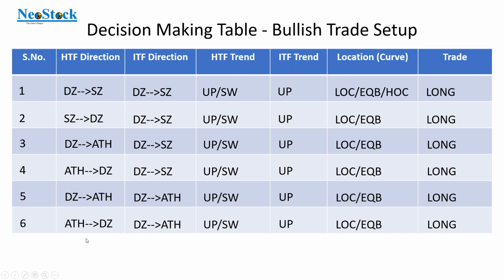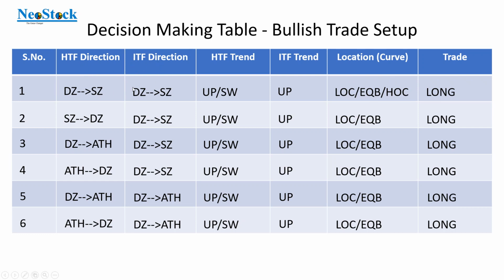Sometimes we plan against the HTF price direction in some scenarios. And also we learned location or curve doesn't play any importance when HTF price direction and ITF price direction both are in our favor.